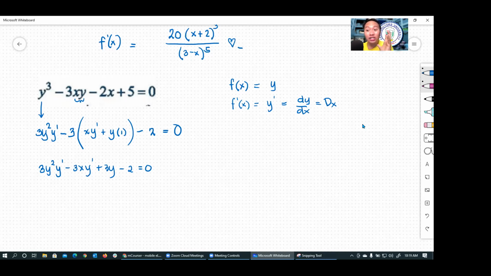So calculus is really just algebra. If our algebraic manipulation is strong, you shouldn't worry. So I'm going to transfer 3y and negative 2 to the other side, and their signs will change. So we have 3y squared y prime minus 3x y prime equals positive 2 minus 3y.